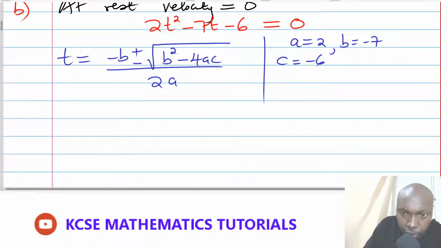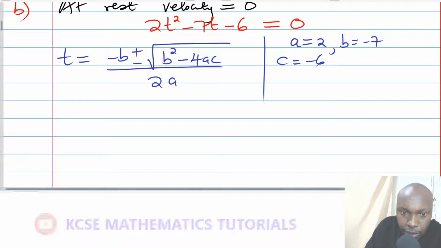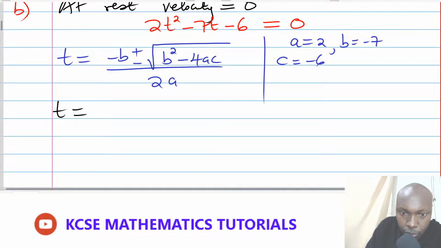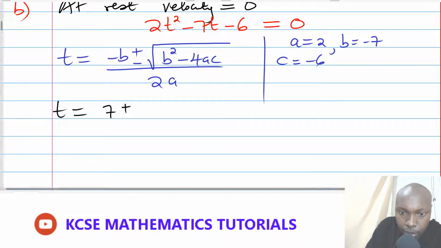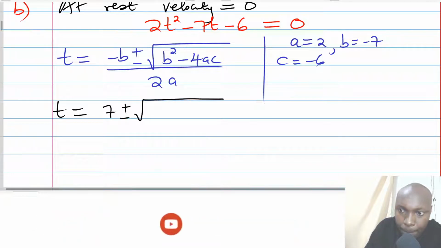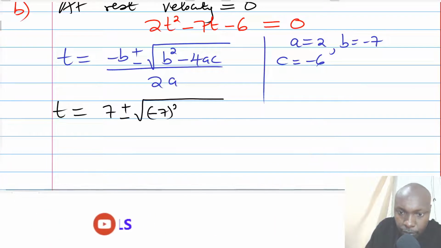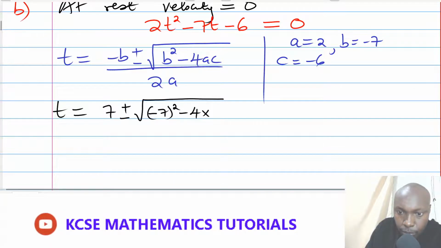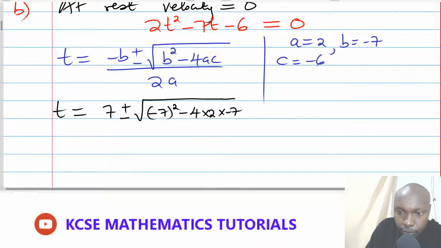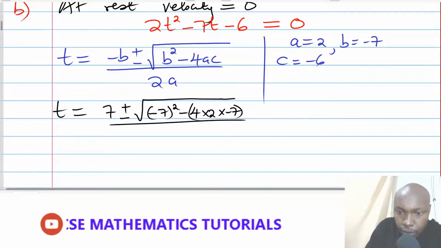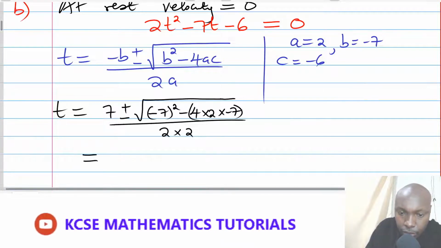So let us work it out now. Having that, we can substitute. t is equal to -b, which is 7, plus or minus the square root of -7 squared minus 4 multiplied by 2 and -6, everything divided by 2 times a.